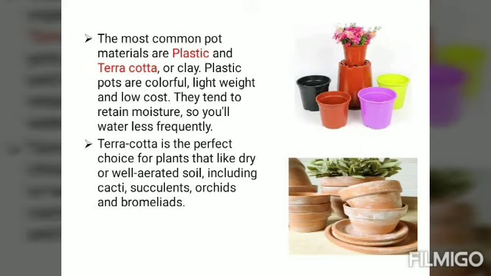Okay, and the next point is terracotta or clay. It's made out of clay soil. It is the perfect choice for plants that like dry or well aerated soil, especially plants like cactus and succulents. If you plant a succulent or cactus in this pot and you water it, you don't need to give water frequently.